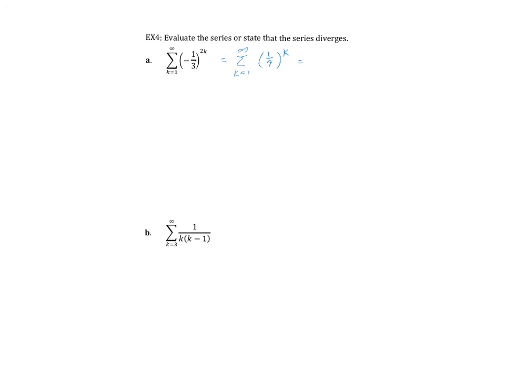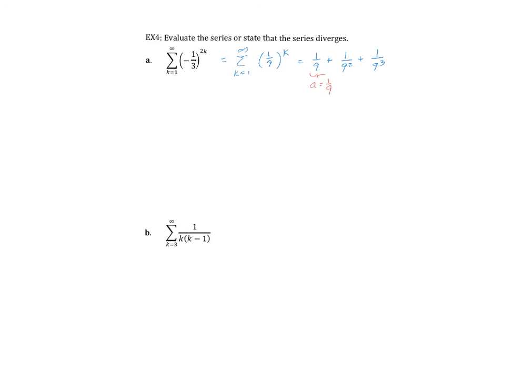I could expand this out. When k is equal to 1, I'm at 1/9, plus when k is 2, I'm at 1 over 9 squared, when k is equal to 3, 1 over 9 to the third. Notice that I'm starting with k equal to 1, but the starting k value in a geometric series does not matter. The first term is always your a, so that would be 1/9.